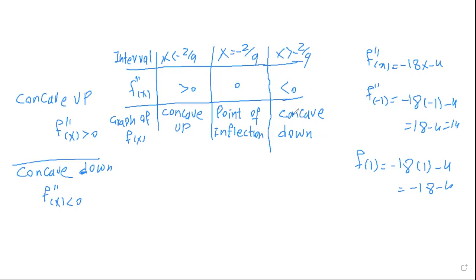You see, all is for one class. For f(x) equal to negative 3x cubed minus 2x squared plus 5x.